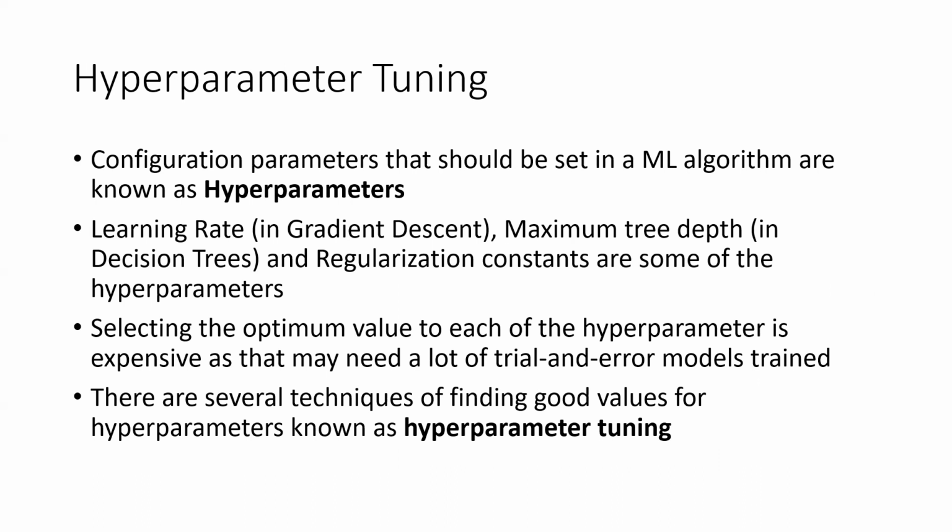And now let's talk about hyperparameter tuning, right? If you have heard about hyperparameters, this is a set of parameters that the user, the data scientist or the data analyst has to manually configure. The parameters are the variables that would get changed during the machine learning process, for example, beta 0, beta 1, beta 2, beta n.